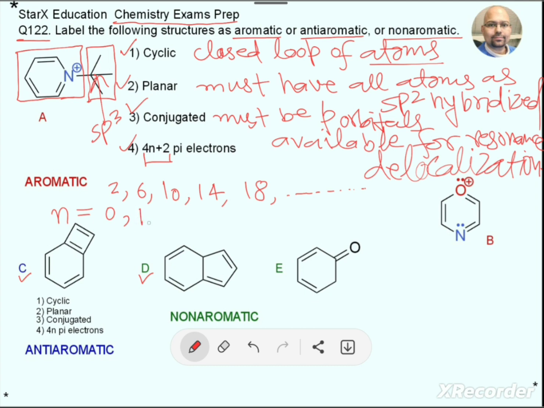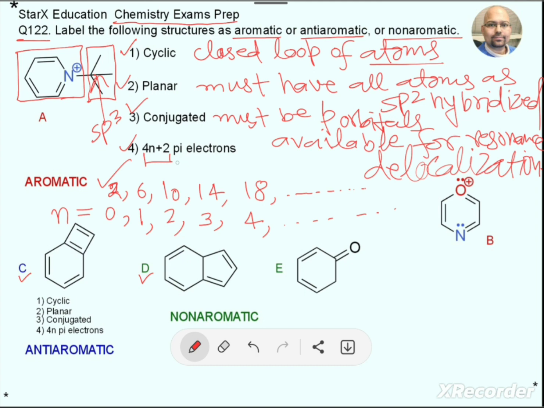When n is 1, it gives 6 pi electrons. When n is 2, it gives 10 pi electrons. When n is 3, it gives 14 pi electrons. And when n is 4, it gives us 18 pi electrons. So n is actually not a property of the molecule itself, but just a factor that gives us this magical series which is needed for a species to be aromatic.